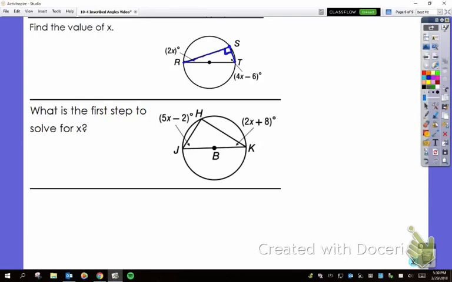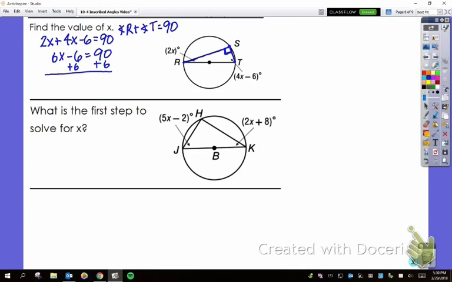So we know that angle R plus angle T equals 90. So we're going to say 2x plus 4x minus 6 equals 90. And then we're going to solve. So 6x minus 6, combining like terms, equals 90. We're going to add 6, and we get 6x equals 96. And when you divide by 6, you get x equal to 16.